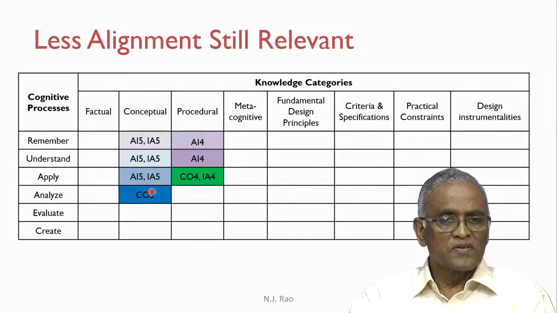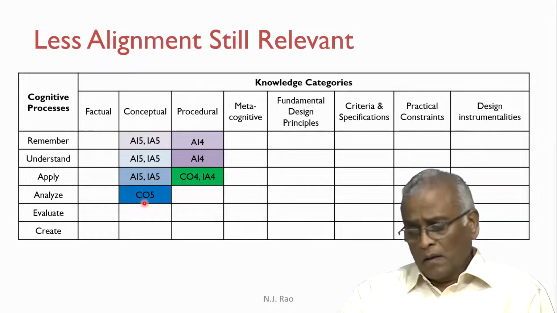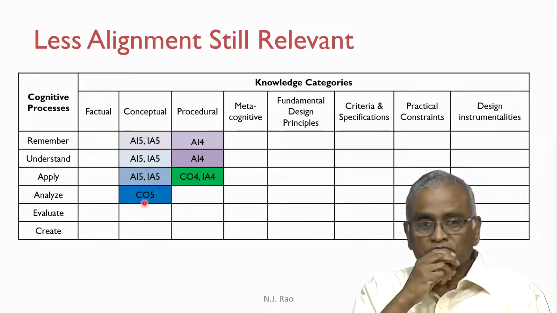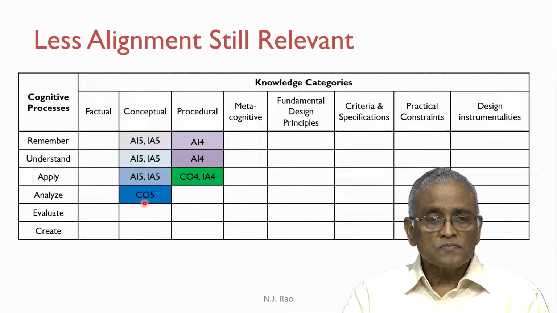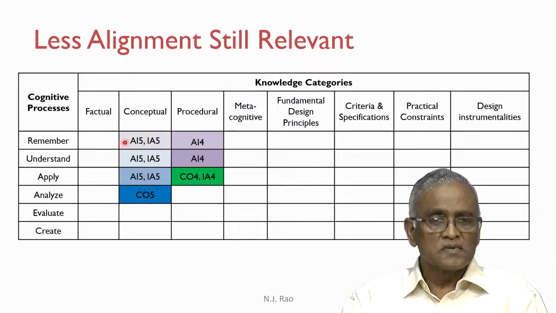Then CO5 itself, in terms of implementation, is a failure. So both types of things are being done, and a teacher should avoid this, and that can be easily identified, because sometimes we do it inadvertently.